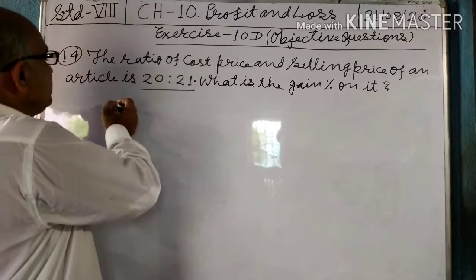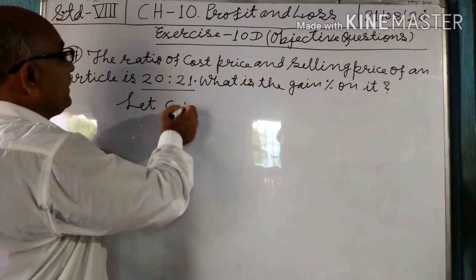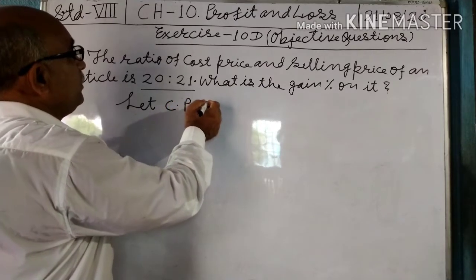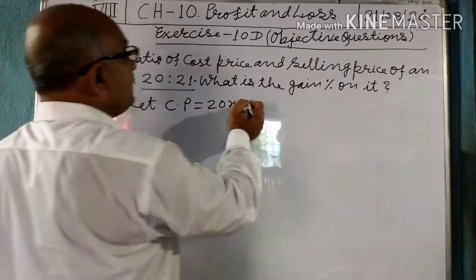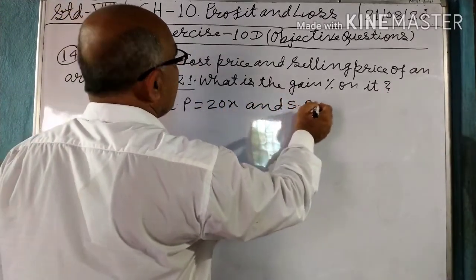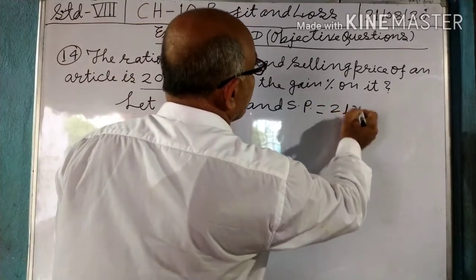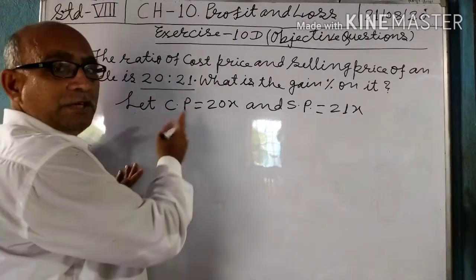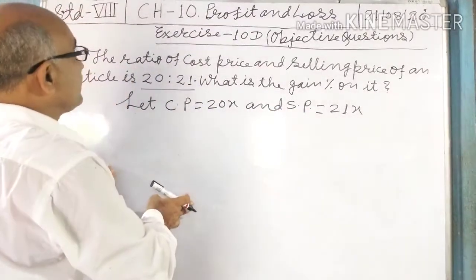So let CP equal to 20x and SP equal to 21x.